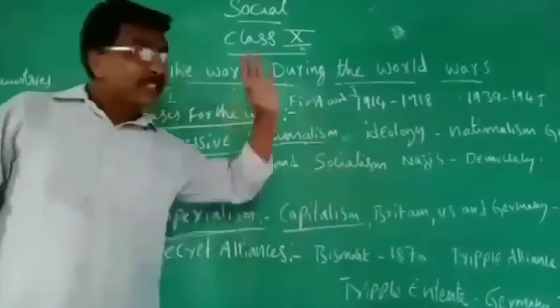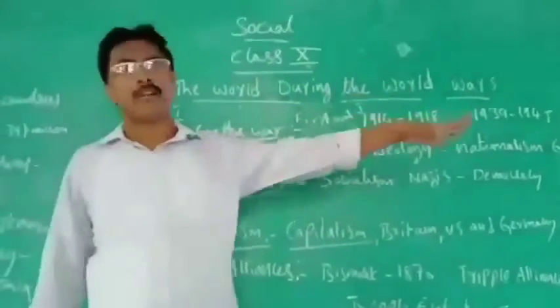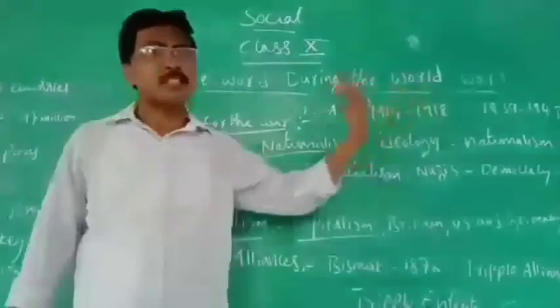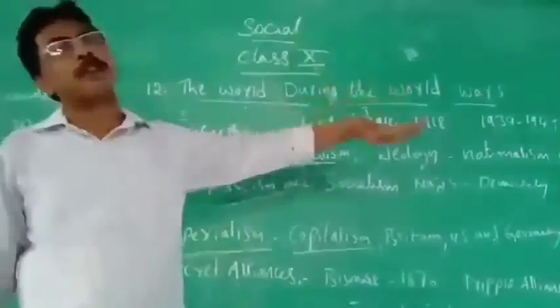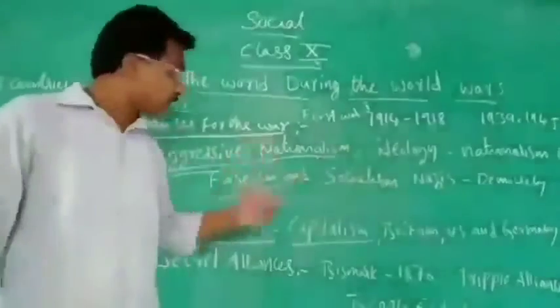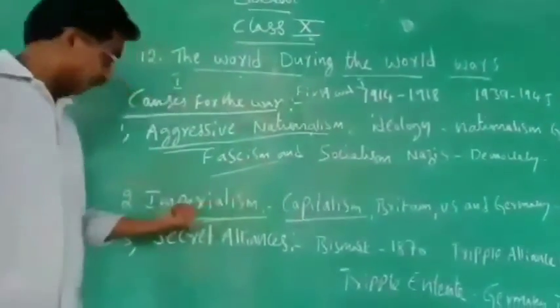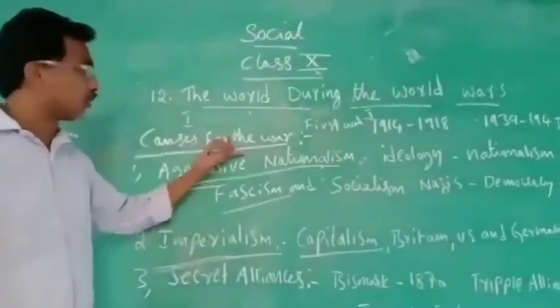So in search of raw materials, they went to other countries and started purchasing raw materials, and slowly they occupied those countries and started political rule. Like that, because of imperialism also the war happened.